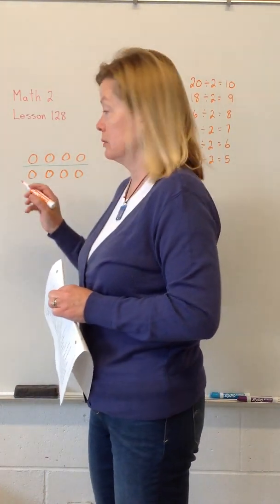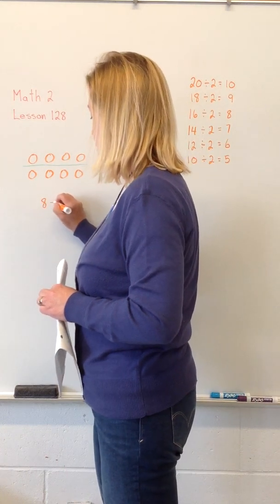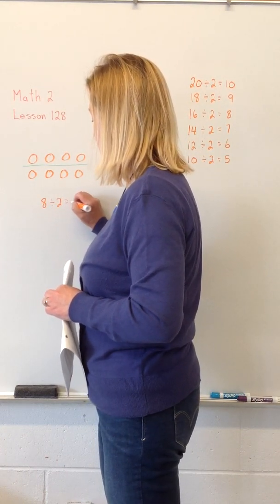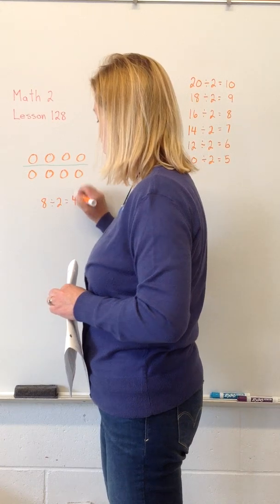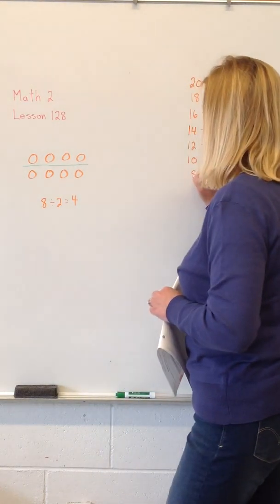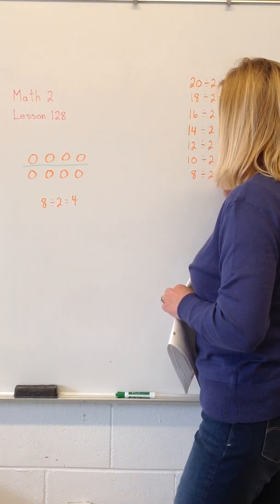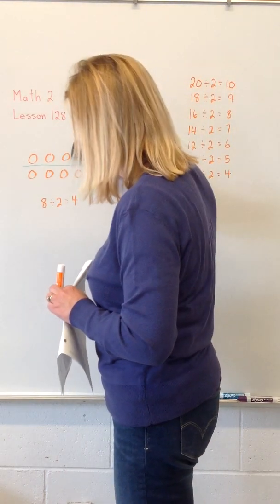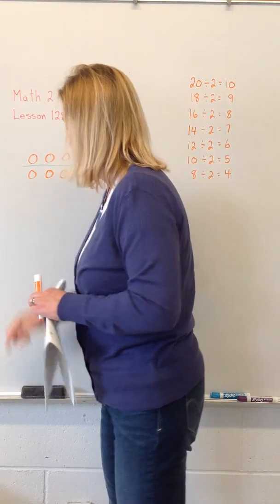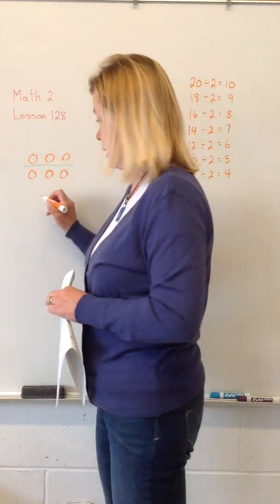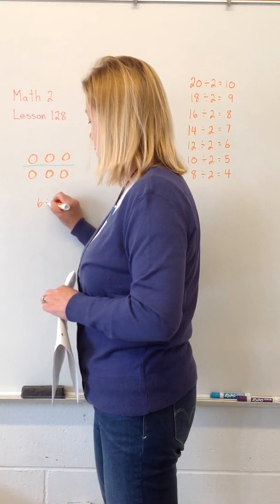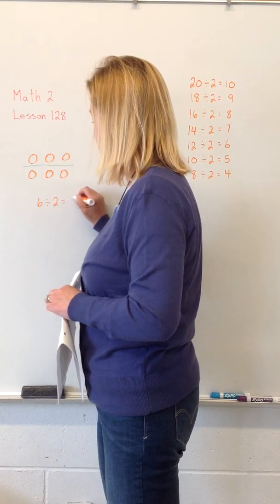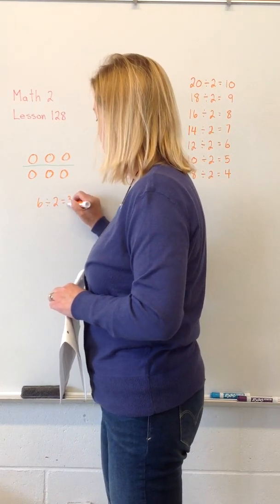Now we have 8 children divided by 2 teams equals 4 children on each team. All right, subtract 2 more. Now we have 6 children in 2 groups equals 3 in each group.